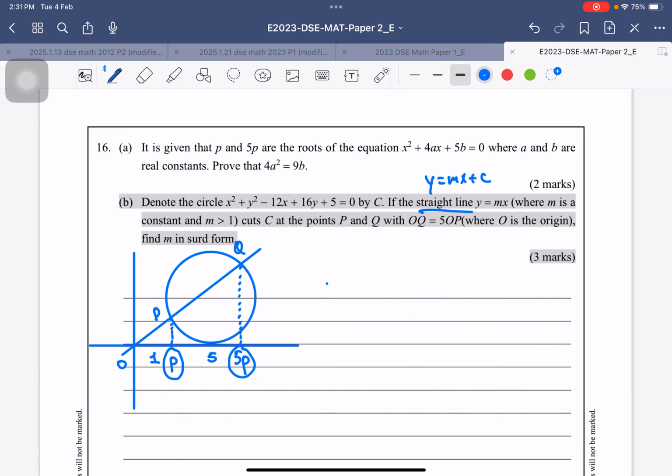So now I have x squared plus mx squared minus 12x plus 16y plus 5, and I replace the y by mx, and then plus 5 equal to 0. So can you simplify it? Change into the general form, ax squared plus bx plus c.